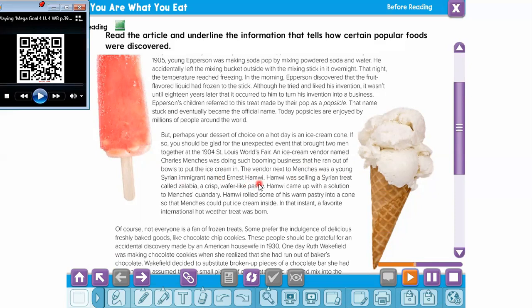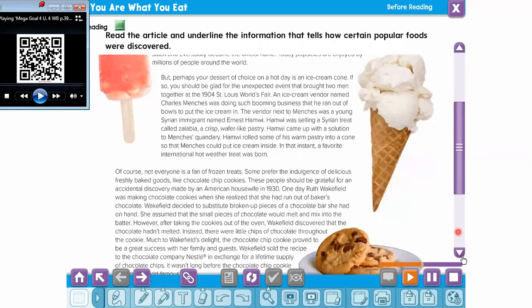Hamwi was selling a Syrian treat called zalabia, a crisp, wafer-like pastry. Hamwi came up with a solution to Mench's quandary. Hamwi rolled some of his warm pastry into a cone so that Mench's could put ice cream inside. In that instant, a favorite international hot weather treat was born.